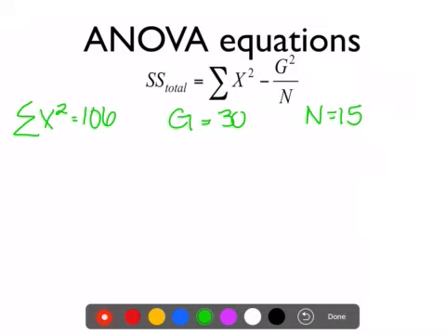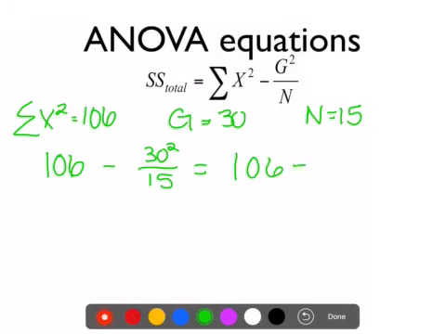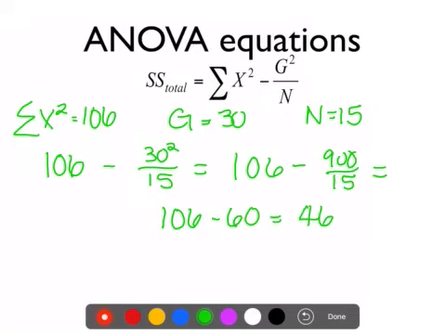So then we just put it all together. 106 minus 30 squared divided by 15, which is equal to 106 minus 900 divided by 15, which is equal to 106 minus 60, which is equal to 46. So we have a sums of squared total of 46, okay?